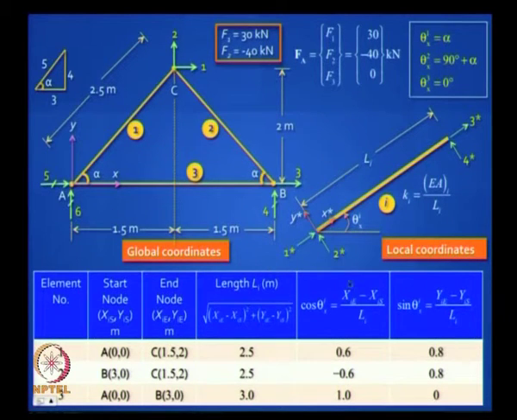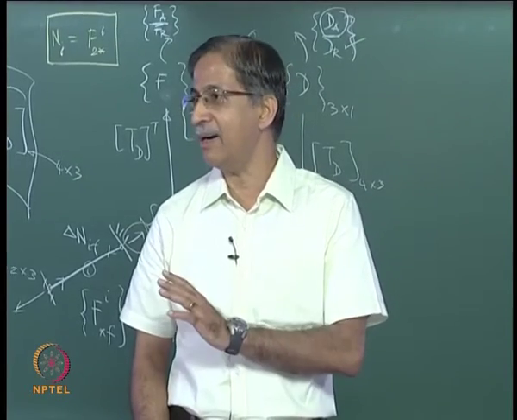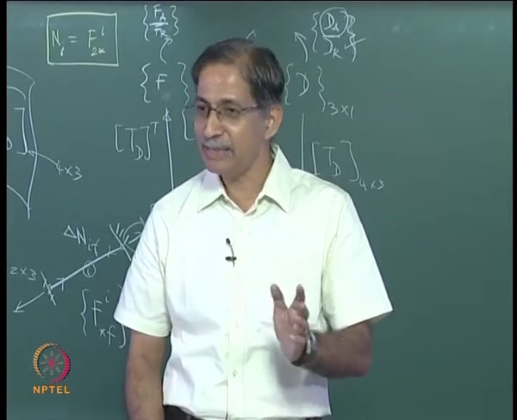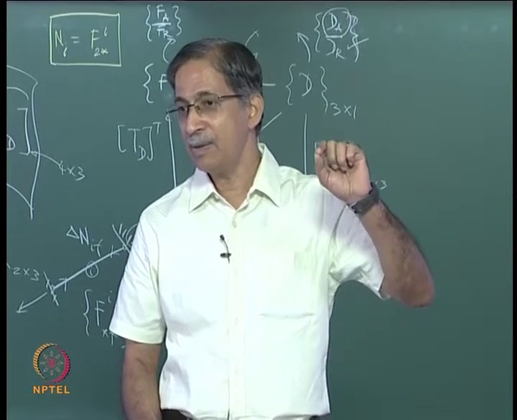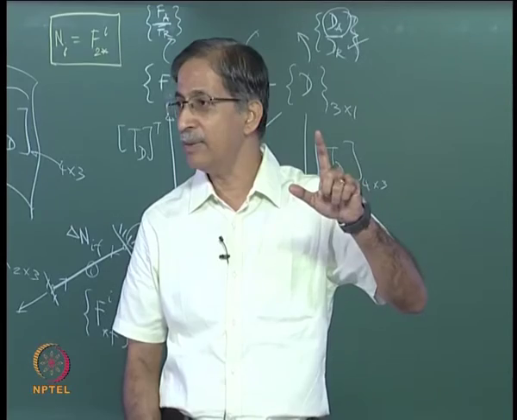Do you understand? I do not have to break my head and calculate theta x. This will give me directly cos theta and sin theta from this formula. That is the beauty of this method. I get it automatically, I do not have any difficulty. So any questions here? It is clean. I do not have to manually calculate theta, it comes automatically when I give the coordinates x and y of the start node and end node.